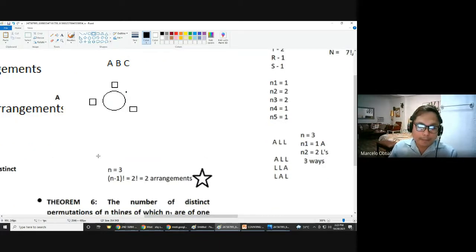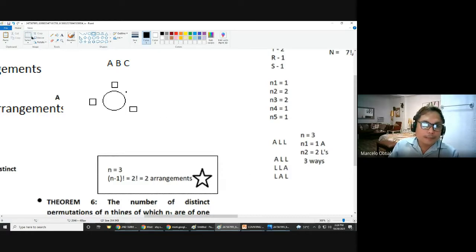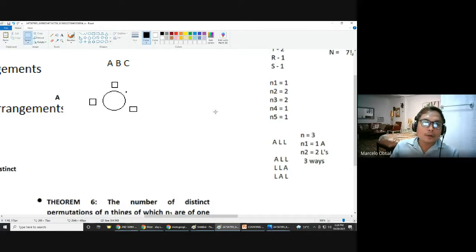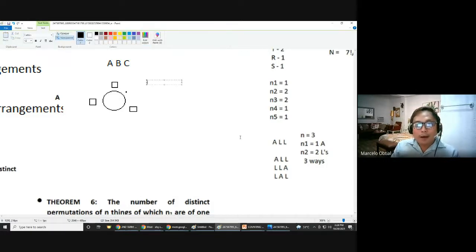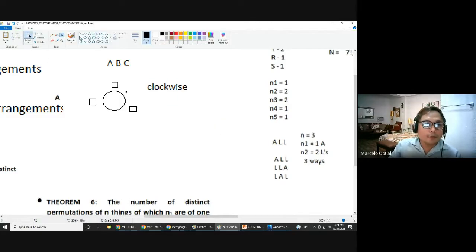Okay, para hindi tayo mahirapan, class, no? Kasi mahirap ito i-explain kapag wala tayong assumption. Okay, mag-assume tayo ng direction kasi nga circular siya eh. Let us assume clockwise. Okay, so Shelo, I will give you one arrangement, no?